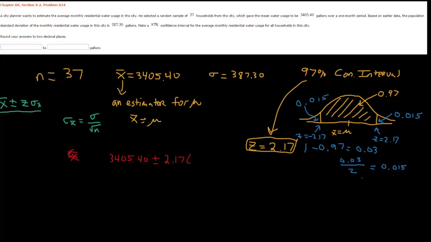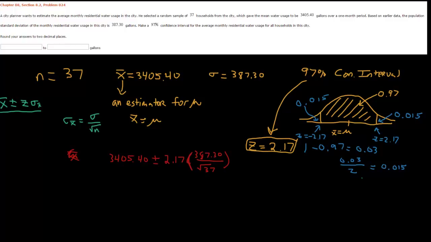And now what is the standard error? Well, we know sigma is 387.30 and we know n is 37. So we can say 387.30 divided by the square root of 37. Okay. Now that is our confidence interval. Now we just need to simplify that.